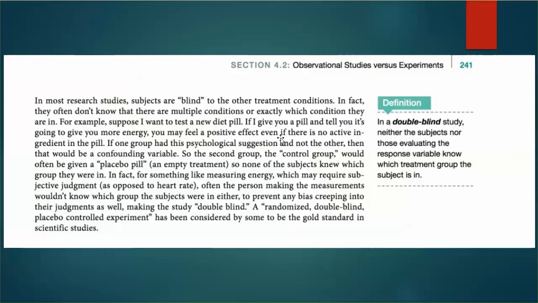Now, in this case, it was pretty clear if they were lying or not, but you could imagine something more subtle. If it was a doctor and they had to decide if somebody was looking healthy or not, well, if they knew they were taking the new medicine, they might say, oh yeah, he's looking good, and if they weren't, they'd say, well, maybe not. So really good studies are double blind if there's any potential for people to change their behavior based on knowing that they're part of a study, or for people who are measuring their behavior to do it incorrectly.